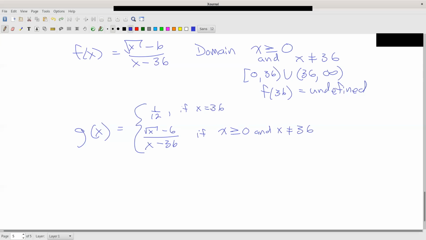Right, so I'm plugging that hole right there with this new function g of x. And this function right here is continuous for x greater than or equal to 0.